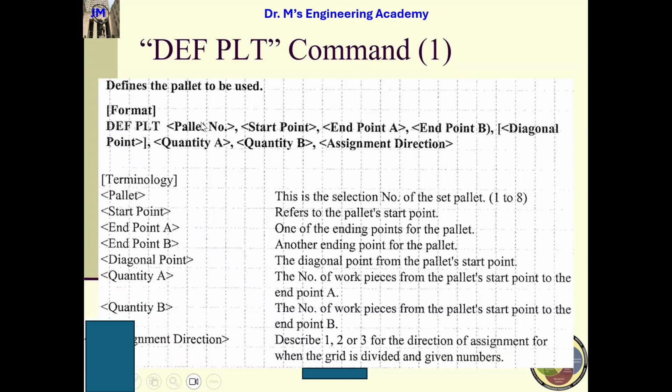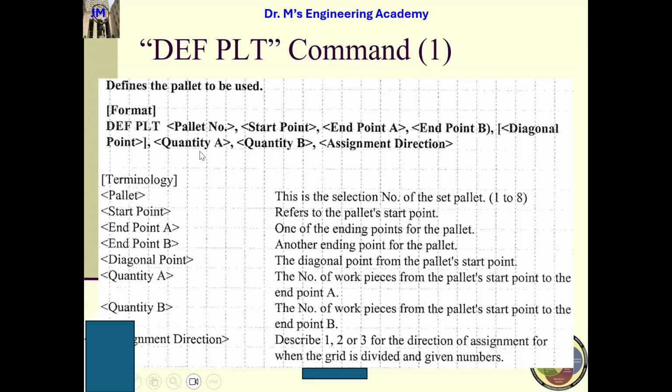Palette number 1, and then we have 4 points: point 1, point 2, point 3, and point 4. These 4 points are used to define the area, right? Last time I told you, for palette 1, the start point and end point I'm going to use.